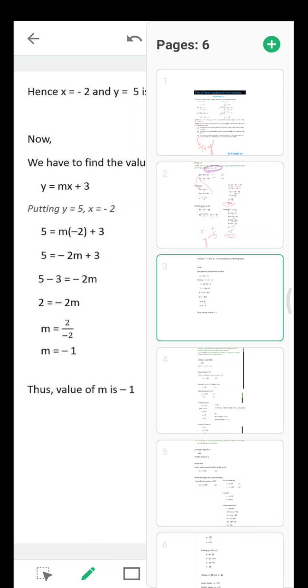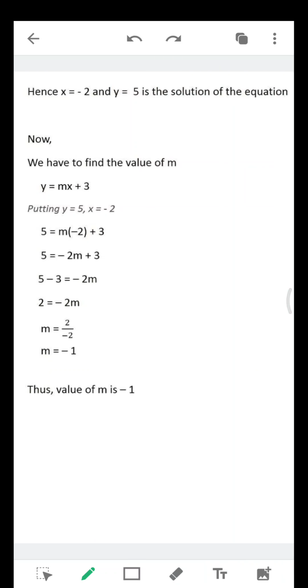In place of x I'll write minus 2 and in place of y I'll write 5. Simplifying it further, you'll get m equal to minus 1. So this is the way we have to solve.